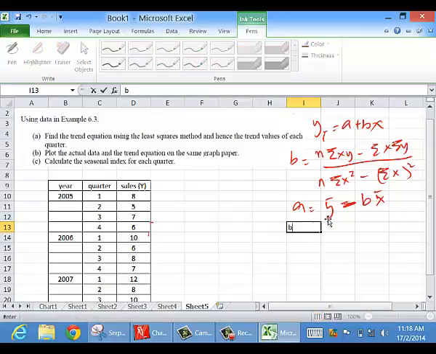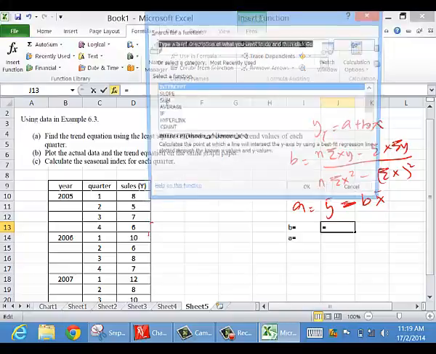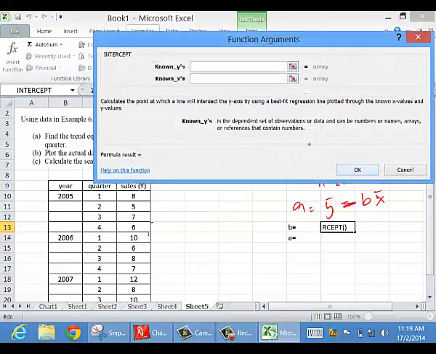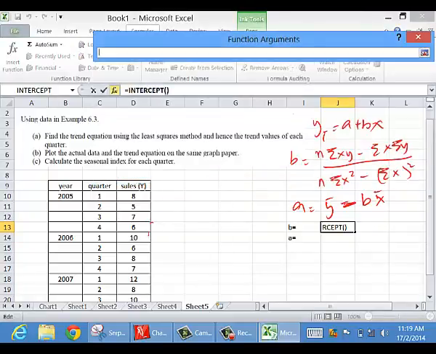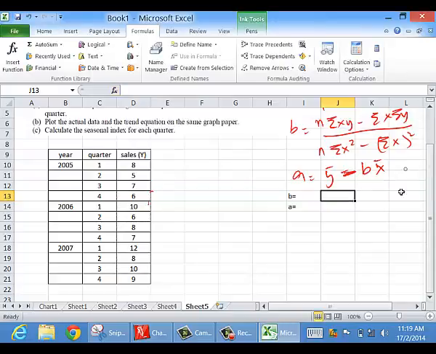B I menggunakan this one Excel. So kalau you guna calculator, you akan dapat B. So insert intercept. So intercept is A. Wait, I letak X dulu. X is 1.